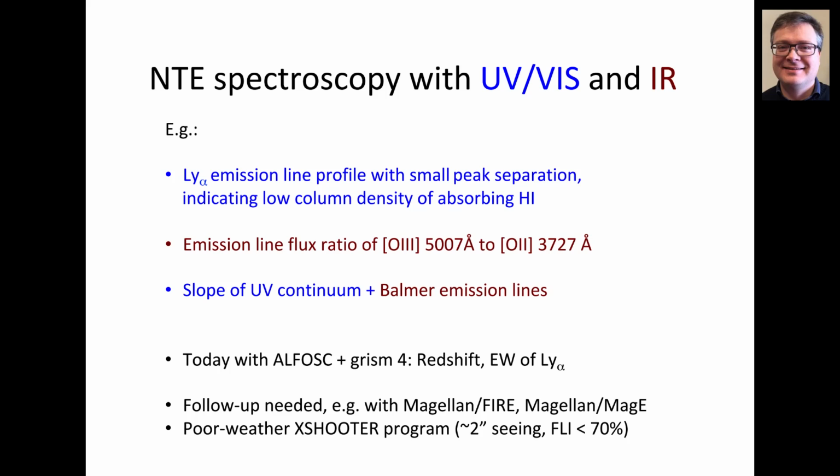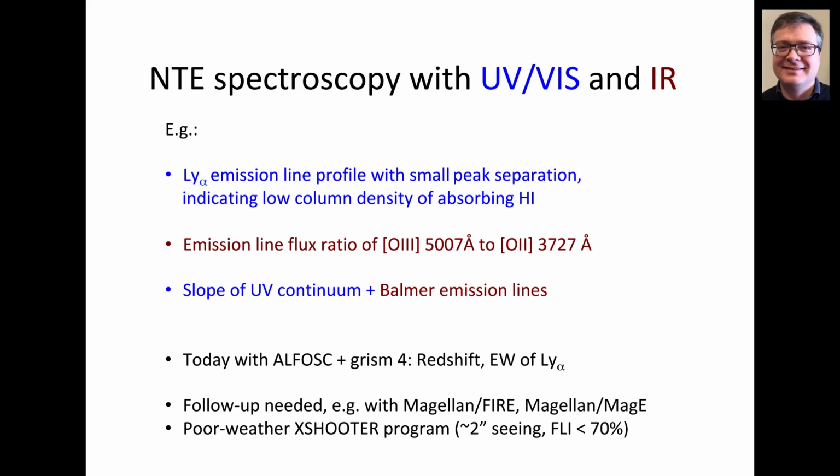So, I mean, Mikael tells us that the difference is between a 5-meter and an 8-meter telescope, between NTE and XSHOOTER, and I think we can recover that by having better observing conditions than this. And this program was 2 times 15-minute exposures. Not that deep.